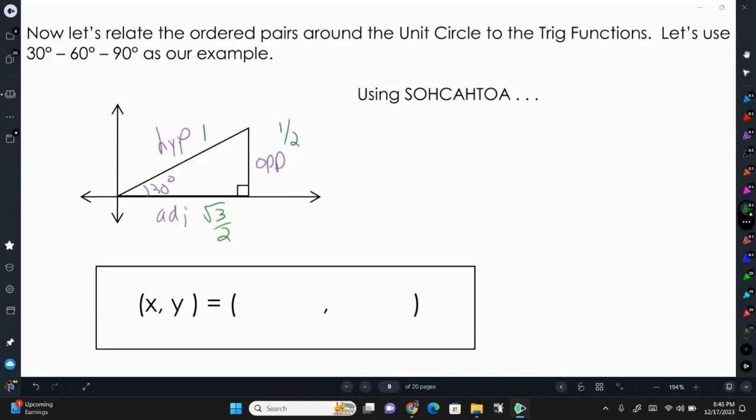Well, the tangent, remember, tangent was the opposite over adjacent side. So in this case, it would be 1/2 over square root of 3 over 2. But remember, these are also x and y coordinates. So this is where the y over x comes from that we had on the previous page.